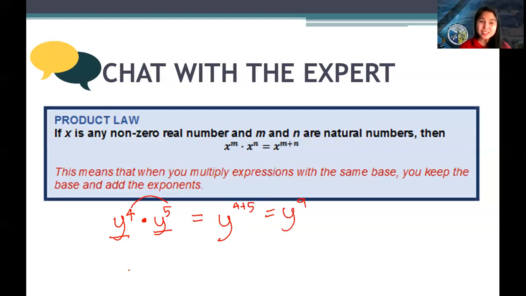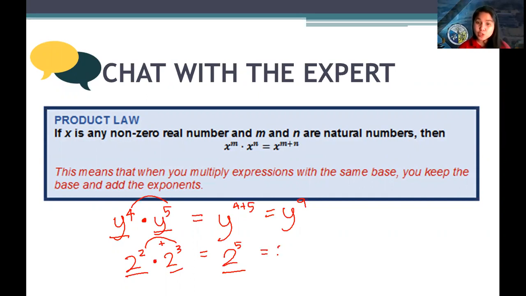Another, 2 squared times 2 cubed. Same base, so we copy the base, then we add the exponents. 2 plus 3, that's 2 to the 5th. But since we have a numerical expression, we need to simplify it more.